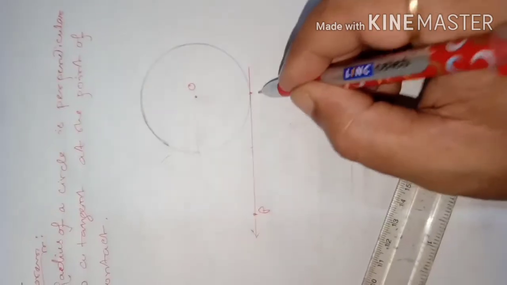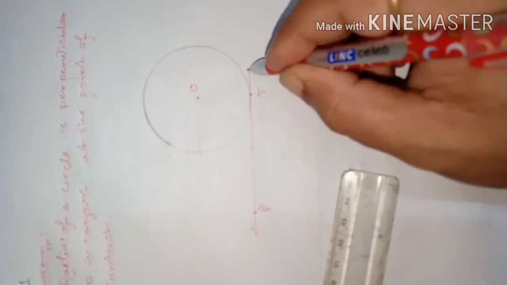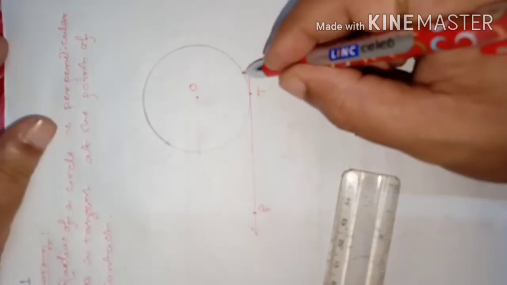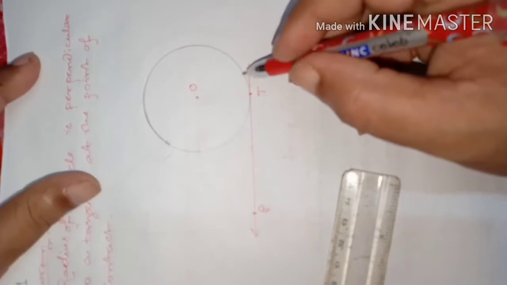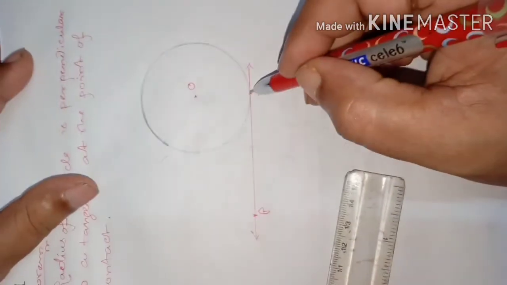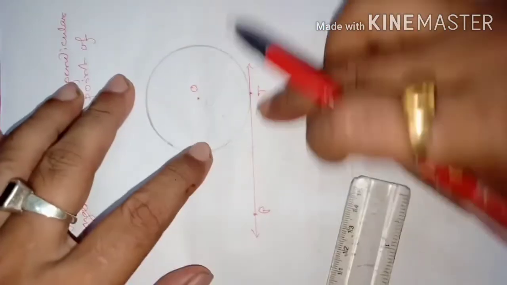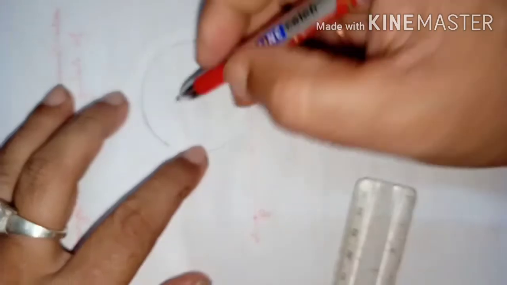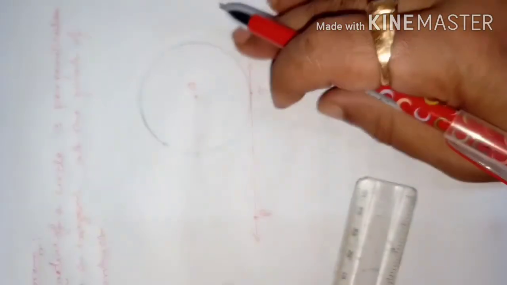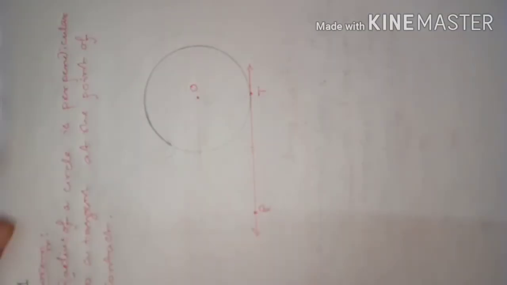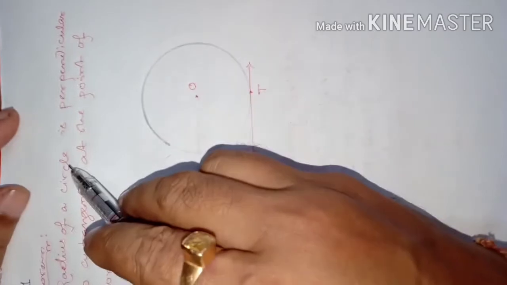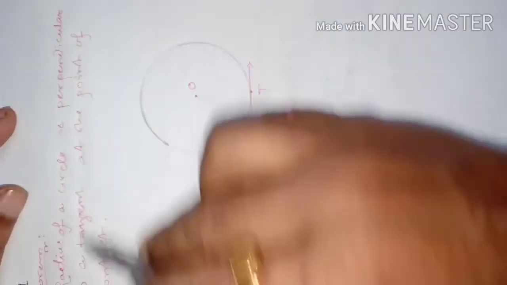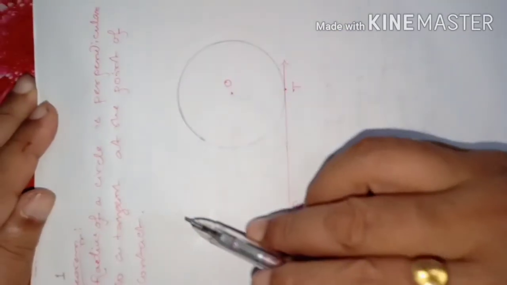PT is a tangent. T is the common point of the tangent and the circle, because the tangent has touched this circle at point T. So this tangent PT, and this is the center of the circle. Now this statement says that radius of a circle is perpendicular to a tangent at the point of contact.